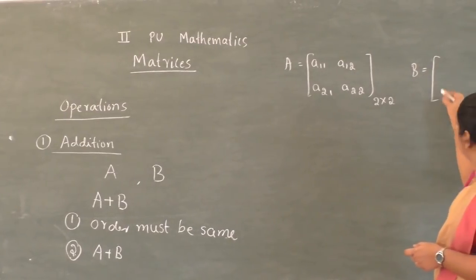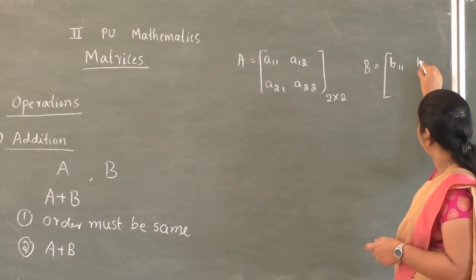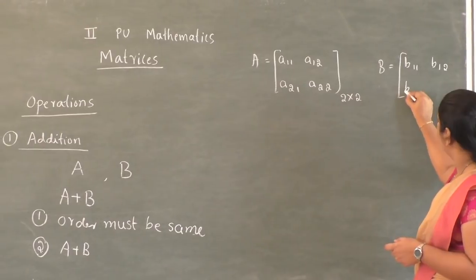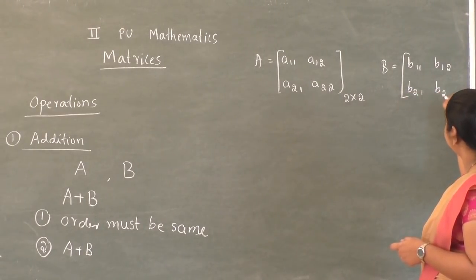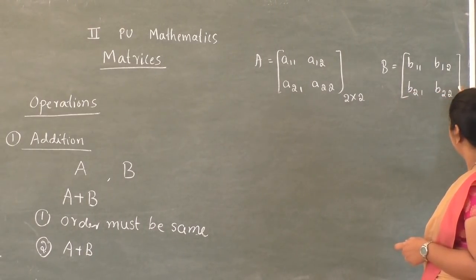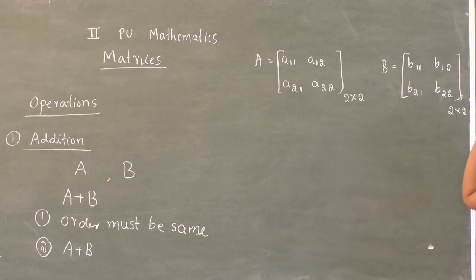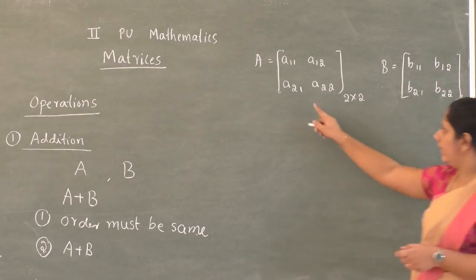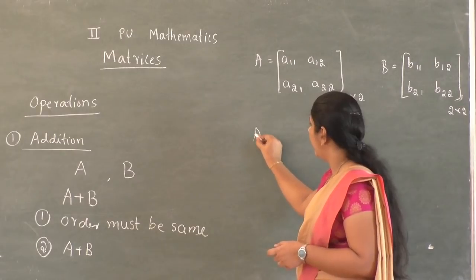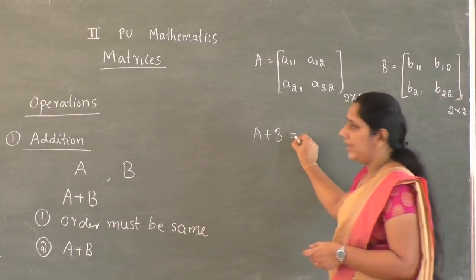Similarly, B is B11, B12, B21, B22. Again, it is a 2 cross 2 matrix. Here the order is the same, so we can add A and B.